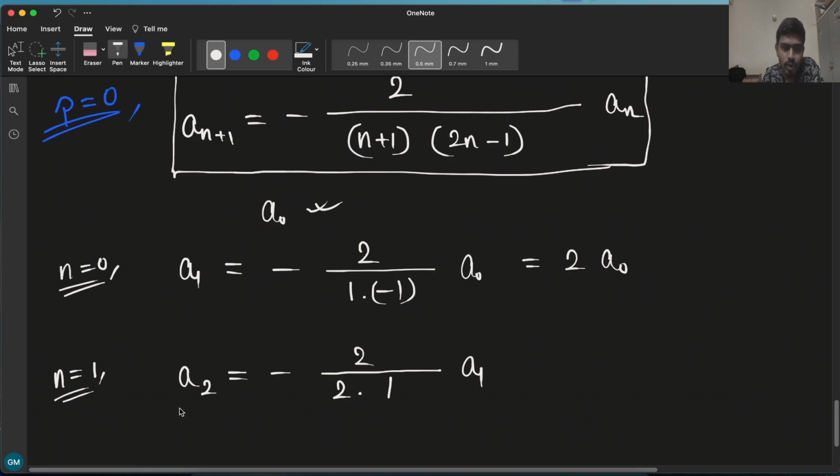So it is giving me a2 in terms of a1. Okay, and I know a1 is twice a0, so I will put the value, so 2 cancels, and if I put 2 a0 instead of a1, it will be minus 2 a0. Okay.